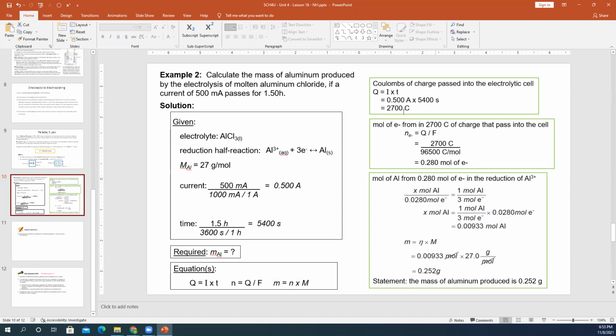So we multiply that, and that gives us 2,700 coulombs of charge has passed through this electrolytic cell. Now we want to know how many moles of electrons are found in 2,700 coulombs of charge that passed into the cell.